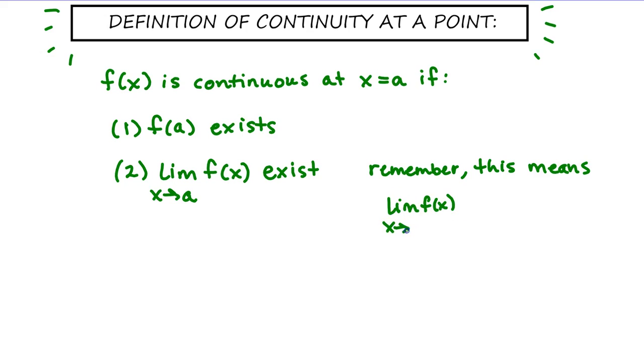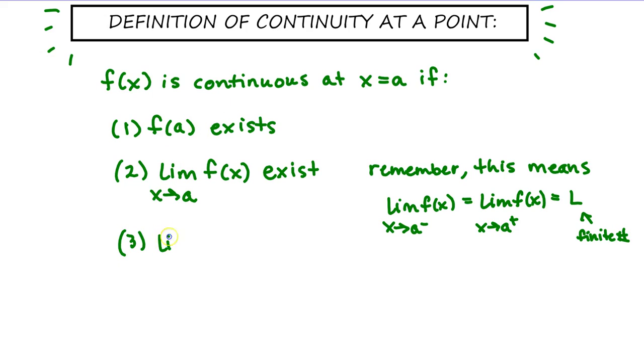The limit from the left equals the limit from the right equals some finite number. And number 3, so number 1 was you have the point. Number 2 is you have the limit. Number 3 is, can you guess?